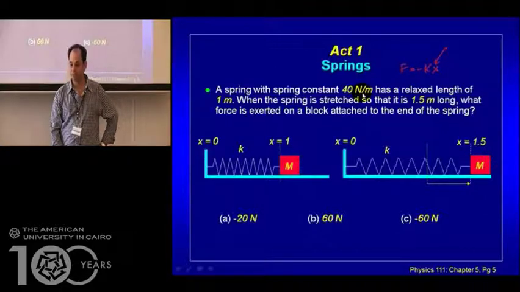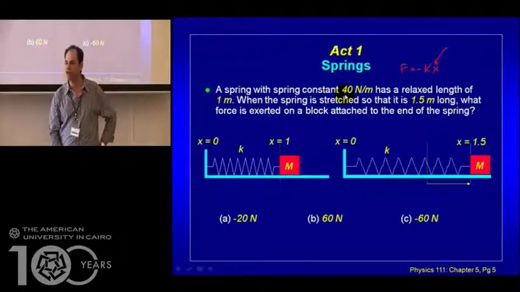Again, you have a spring, this is the equilibrium position, then you pull it for a distance equal to 1.5 meters. You apply a force to do so, but you do not know the magnitude of that force. But you know that the spring constant, K, equals 40 Newton per meter.